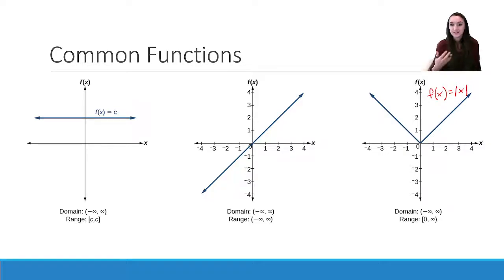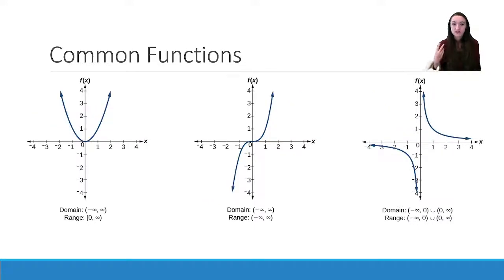But in its piecewise form, it doesn't have any domain restrictions. So in this case, there's no restrictions, domain is all real numbers. Next, we have x squared. Again, domain, all real numbers. There's no division, no even roots. x cubed, no division, no even roots.